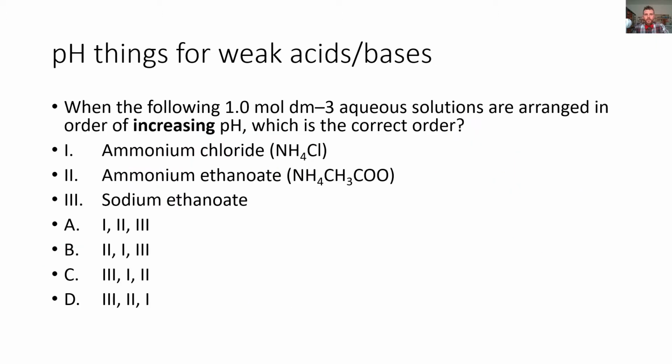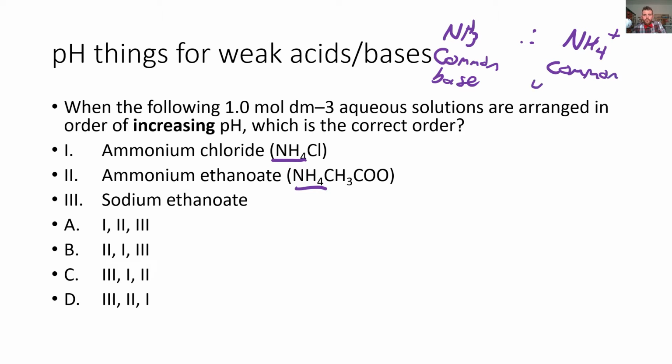All right, so now we're going to start to move on to weak acids and bases. I just said before that NH3 is a common base, so I'm going to do common base. So therefore, NH4 plus, like you'll see here and here, is going to be a common weak acid. Sorry, this is a weak base as well.